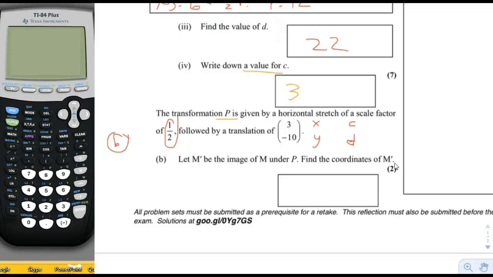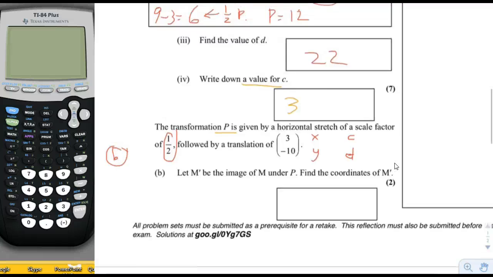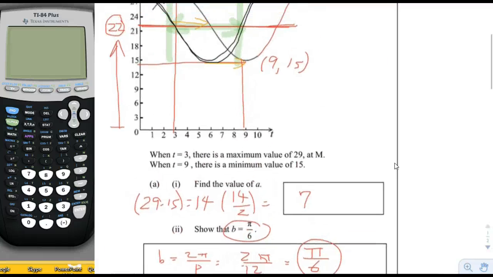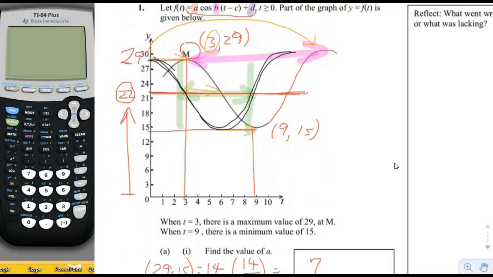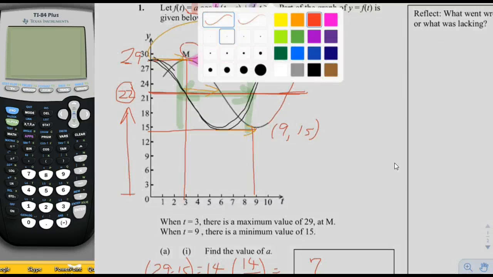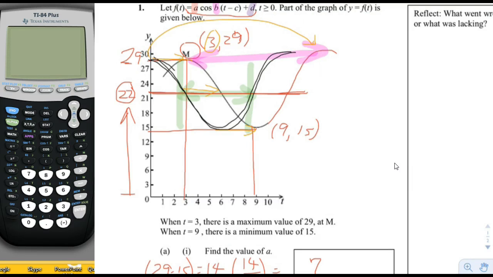Okay, and so let's see if we can draw this. First of all, we're going to translate it. First we're going to do a horizontal stretch by scale factor 1/2. Okay, and so we're talking about originally, like this function here, right? Okay, so let's do a horizontal stretch.